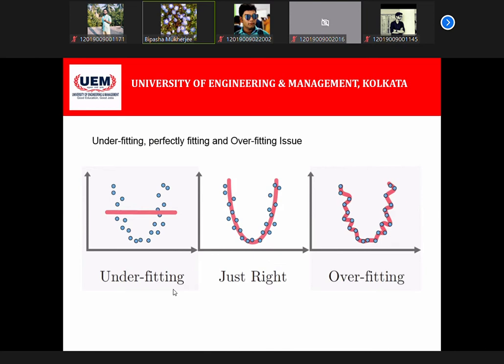But those are ordered as a whole, all of them in either M or L. So what will happen? It's underfit, you cannot fit into it. If you are a person of double XL size, you cannot fit in this. So that's the issue of underfit.